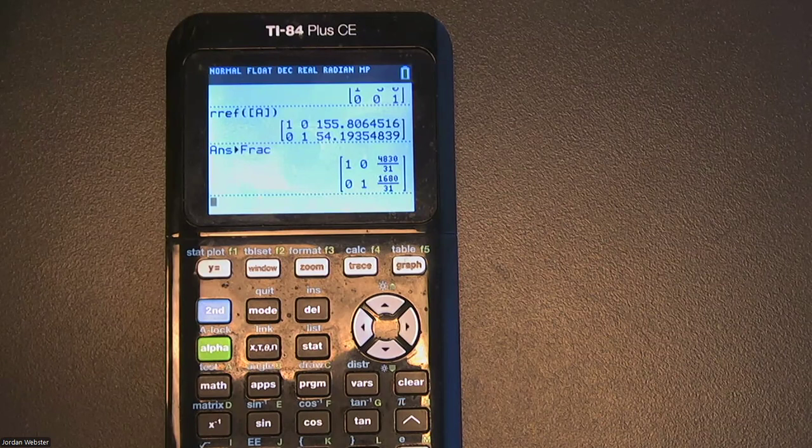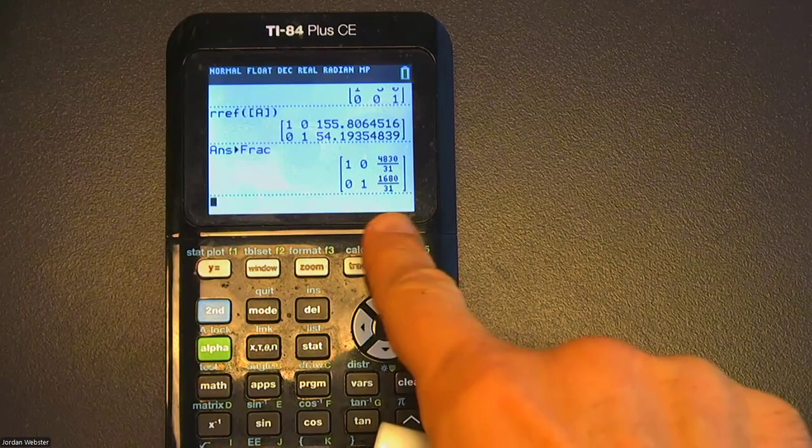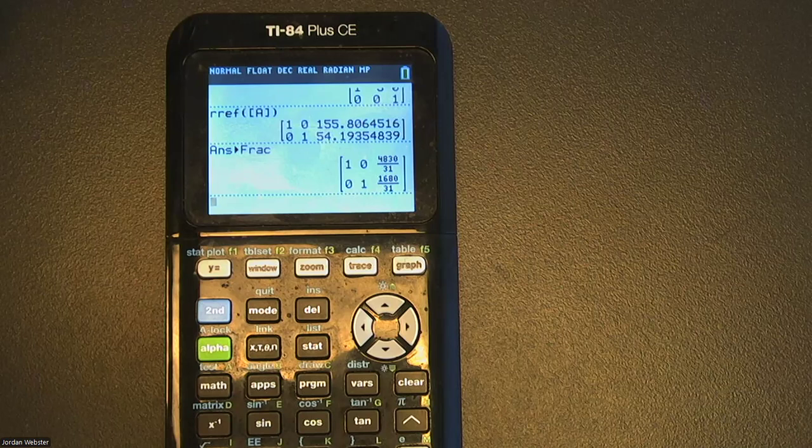And then B, if you were giving an exact answer, it'd be 1680 over 31. Again, that's about 54.19 milliliters. Okay. So that way you don't even have to use something like decimals on those problems. You can just plug them in your calculator and be good to go.